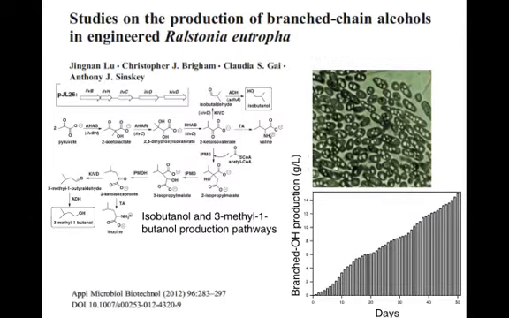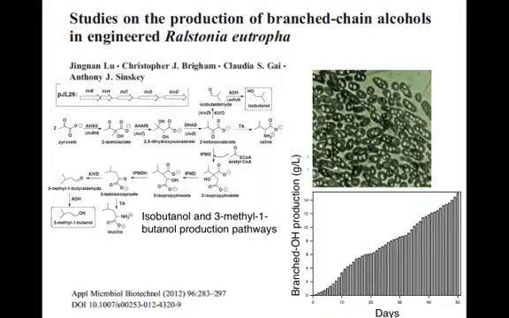So what this group led by Tony Sinskey at MIT did was to port in a number of genes that would enable this very nifty chassis, Ralstonia eutropha, to convert some of the cell's pyruvate stores into isobutanol and 3-methyl-1-butanol.